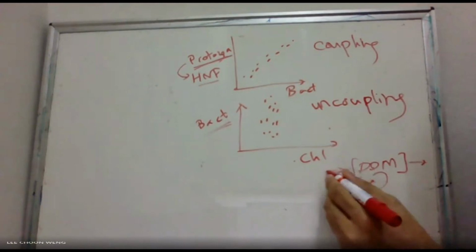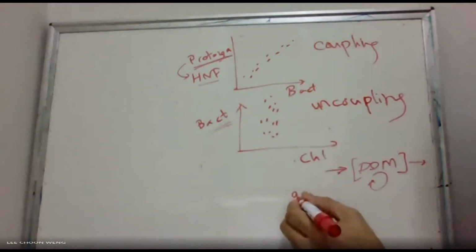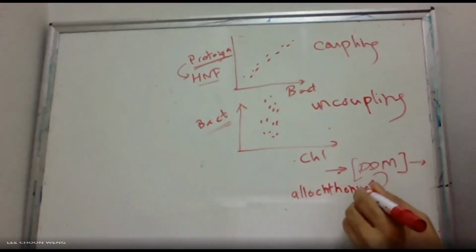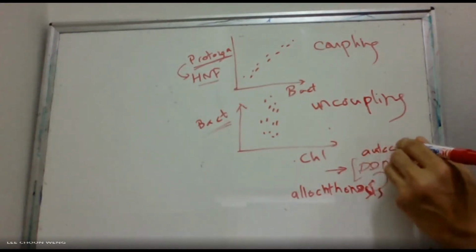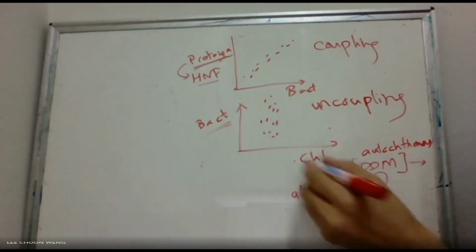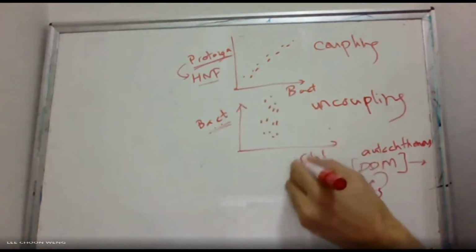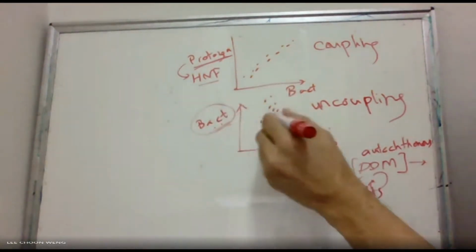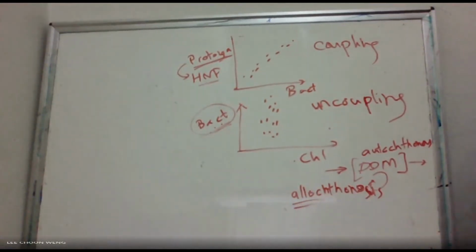However, it is also possible that you have, if you remember, your allochthonous source. Okay, allochthonous source. So not autochthonous source. So if you have allochthonous source, which means the bacteria varies independent of the chlorophyll because the bacteria is dependent upon an external source of DOM.